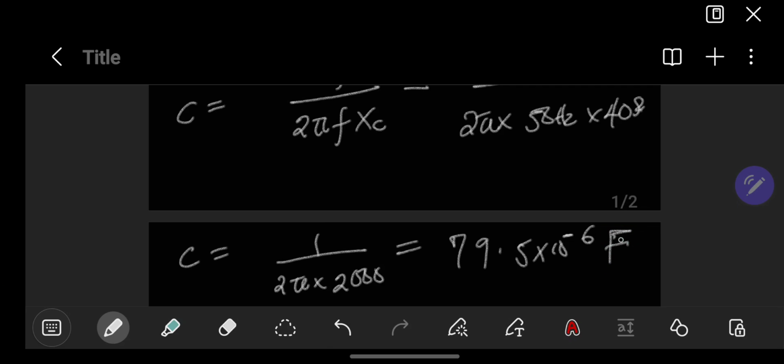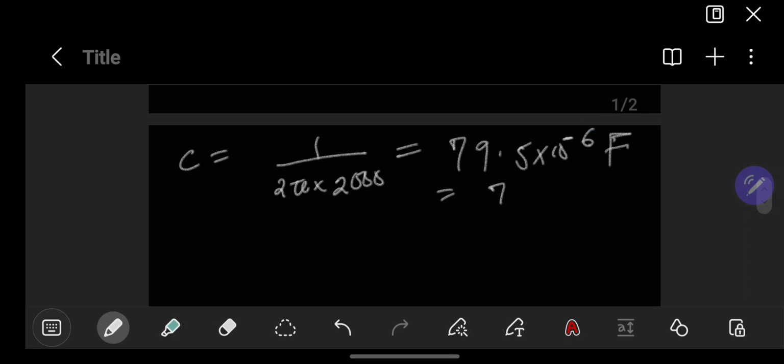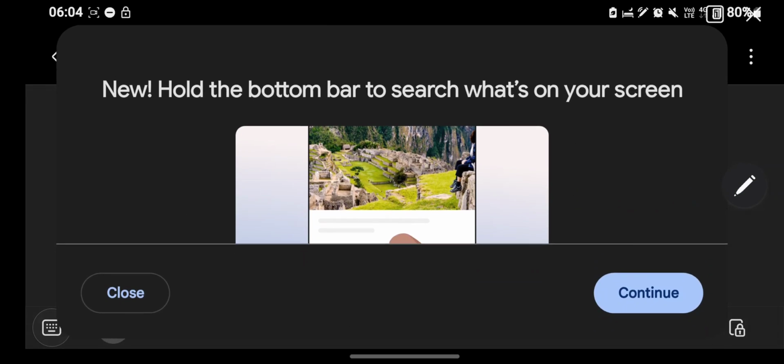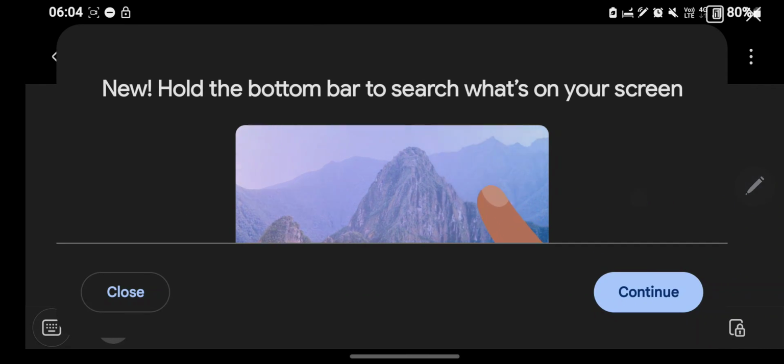All right, that will be in farad, but if we take it to microfarad, that will be 79.5 microfarad.